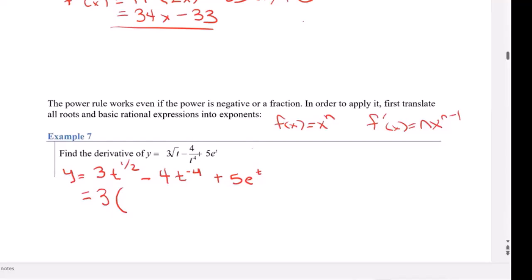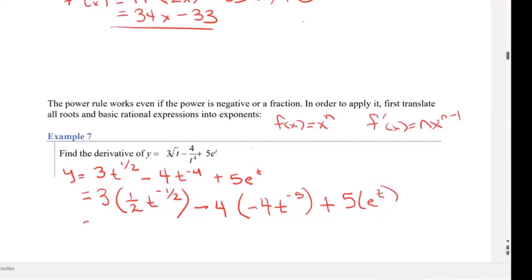So n is 1/2, so I have 1/2 t to the 1/2 minus 1, which is negative 1/2, minus 4 times the derivative of t to the minus 4. We can still use this formula. We get minus 4 t to the minus 4 minus 1, which is minus 5, plus 5 times the derivative of e to the t. The derivative of e to the t is just e to the t.